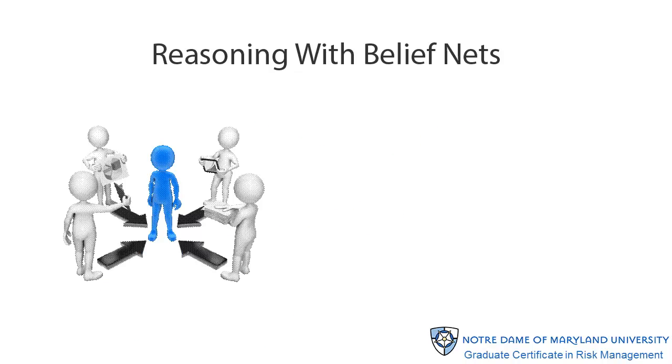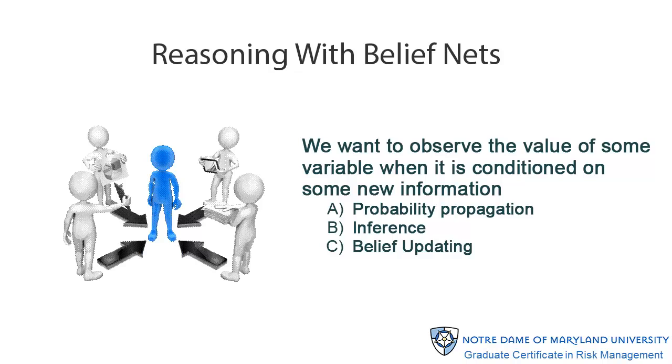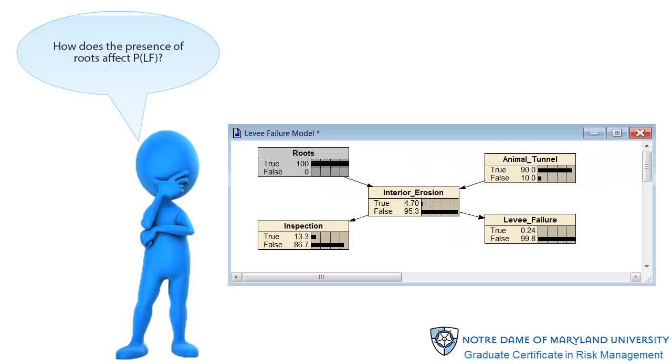Once the basic model is built, we can observe how the probabilities of other variables are affected as the information available to us about uncertain values changes. This enables us to use the model for probability propagation, inference, and belief updating. Suppose we learn that a levee does have significant roots present.